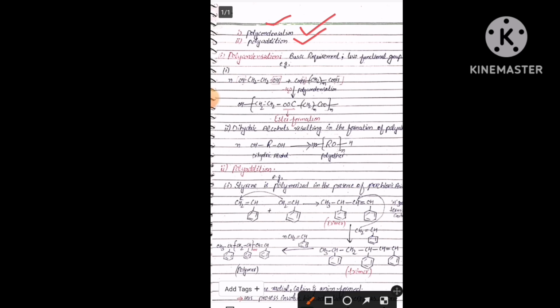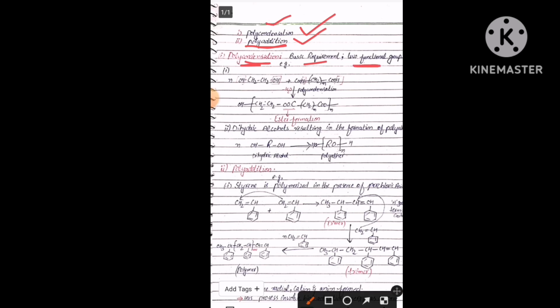While in the case of polyaddition, we have studied that there is no free radical and no ionic mechanism involved like in chain growth polymerization, but in this type of polymerization there is formation of dimer, trimer, tetramer, pentamer, oligomer respectively. So in polycondensation, the basic requirement is two functional groups.